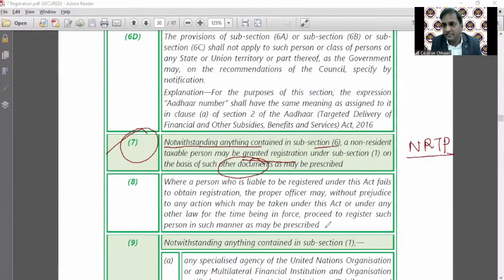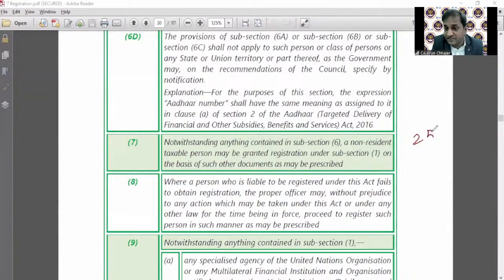So he needs to submit a copy of the passport, and there are some more documents. What I mean to say, 25(6) says that a person must have a PAN number, then only he can apply for the GST number. But the exception is NRTP, non-resident taxable person, who may be granted registration on the basis of other documents like passport, etc.